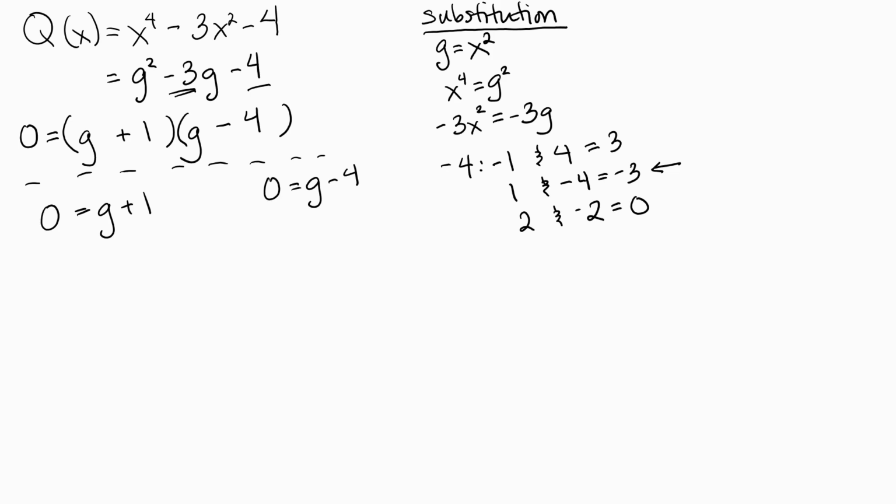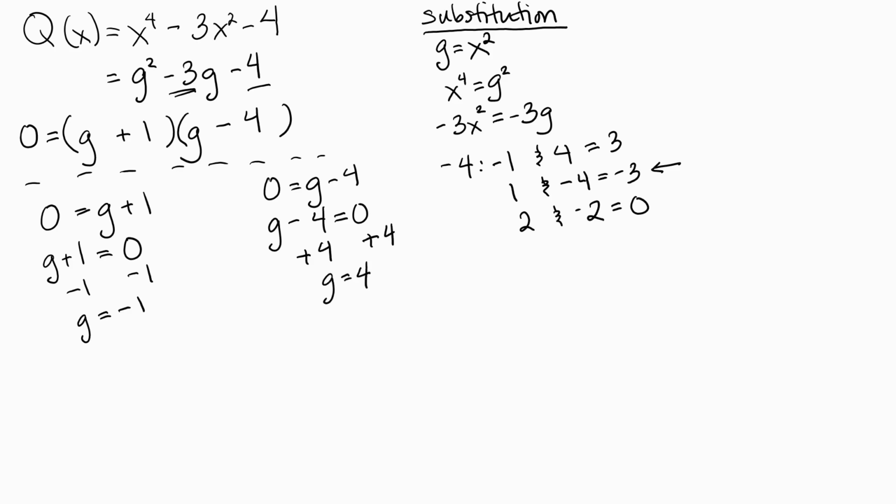I'm actually going to flip this around to make our math look a little more familiar, since we tend to see variables on the left. To get the plus 1 to go away, I'm going to do the opposite, so minus 1. So g equals negative 1. On the other side, I have a negative 4, so I'm going to do positive 4. So g equals 4.